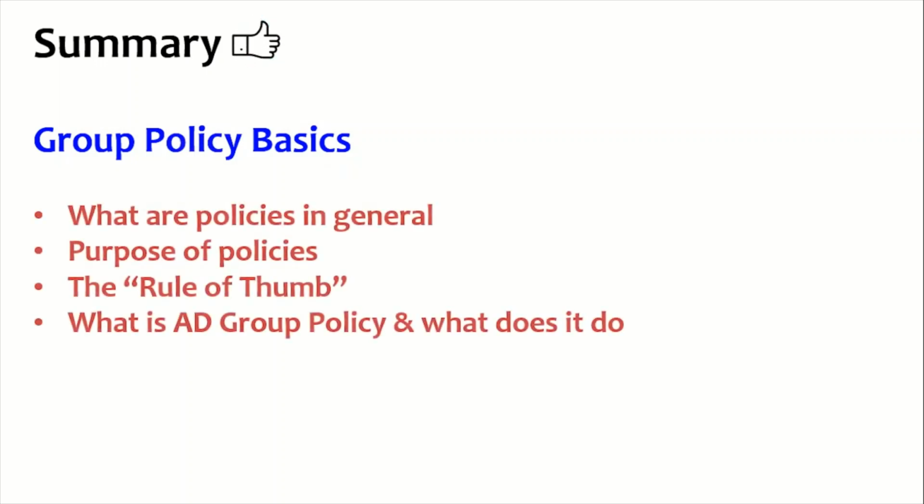So let's summarize what we have understood today. We started with group policy basics: what policies are in general, the purpose of policies, the rule of thumb, and we have also understood what Active Directory group policy is and what it does.